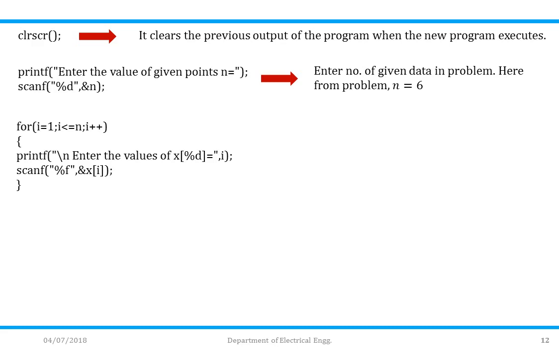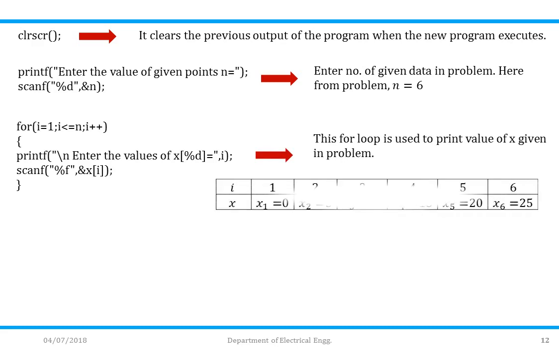For i equal to 1, i less than or equal to n, i plus plus. Now this for loop is used to read the value of x in the given problem. So when i equal to 1, it will take x1 equal to 0. When i equal to 2, it will take x2 equal to 5. Here this %d is used for representing i. i will increment from 1, 2, 3, 4, 5 and 6.